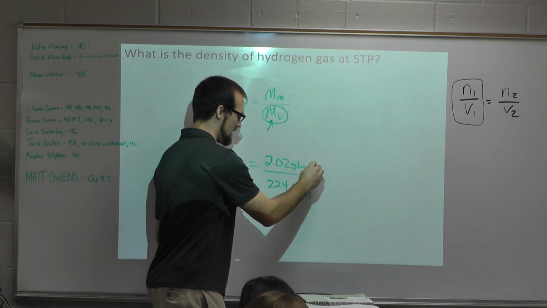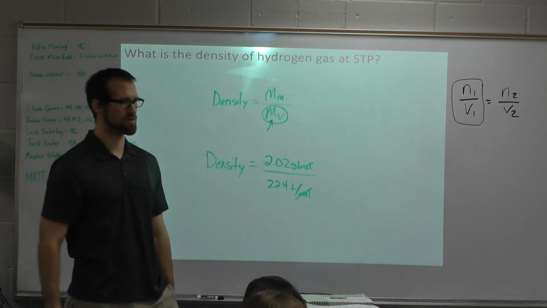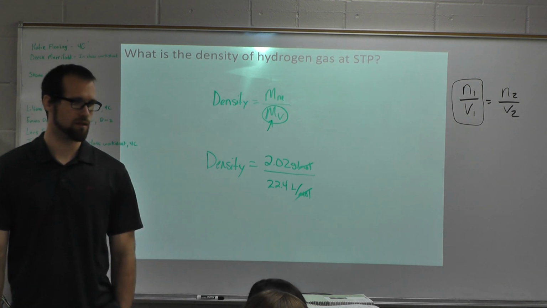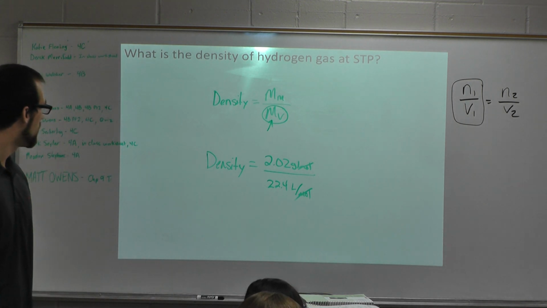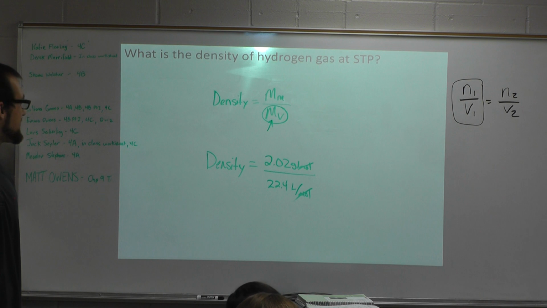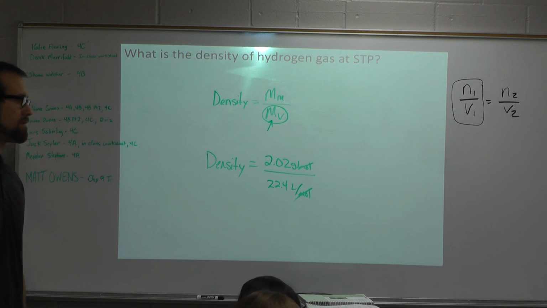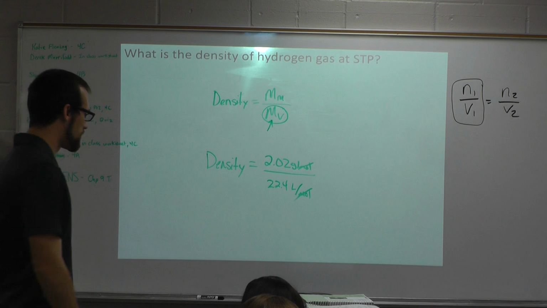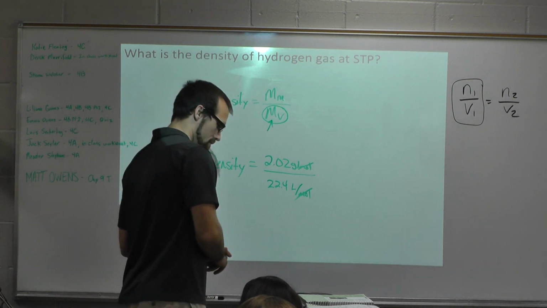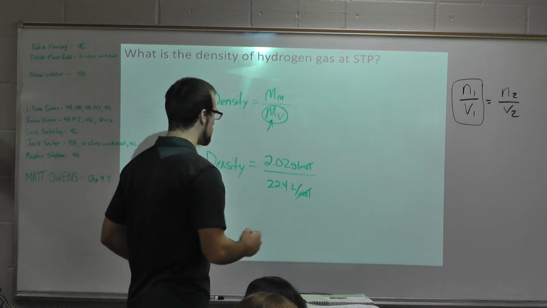Everybody see how the moles are going to cancel there, leaving us with the units for density, grams per liter, a mass divided by a volume? That's neato. What'd you get? 0.0902. Yep.